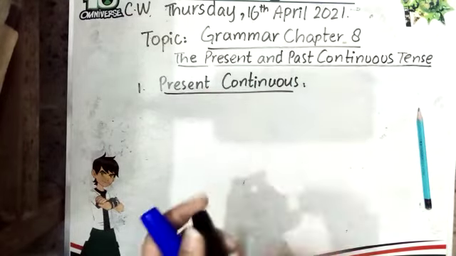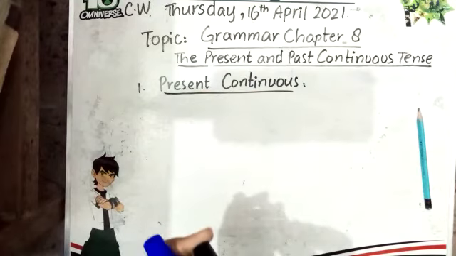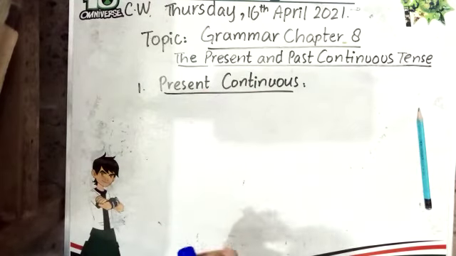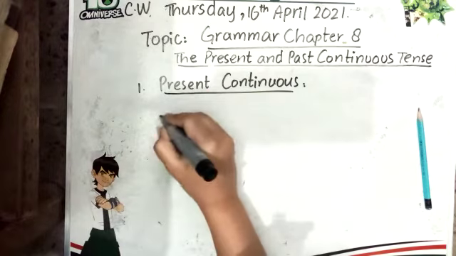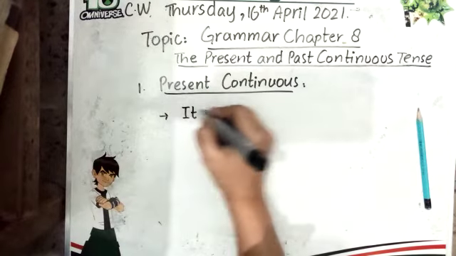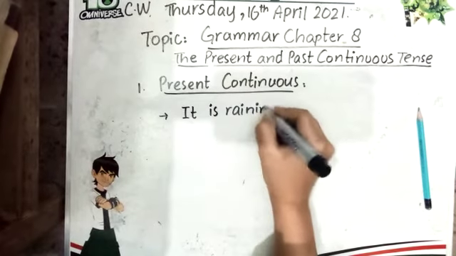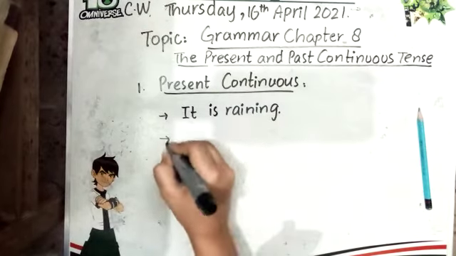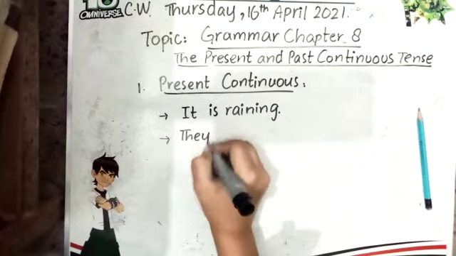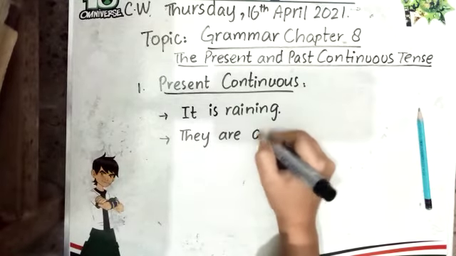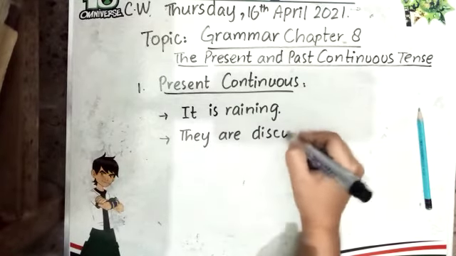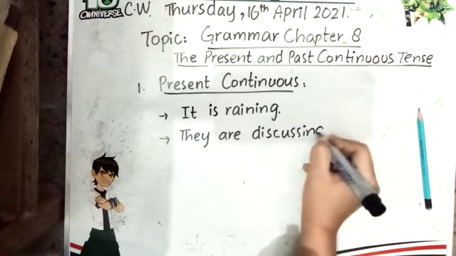The present continuous tense is used to express an action or any event which is taking place at the present moment. It is known as the present tense. For example, it is raining. Or they are discussing a matter.